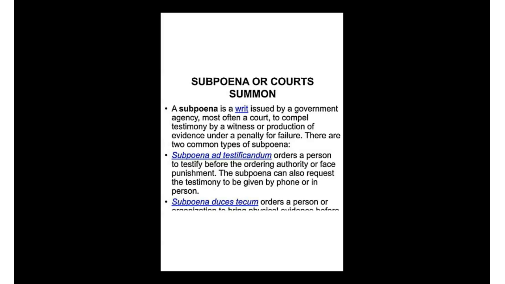So basically, the order is for a person to testify before ordering authorities or face punishment. The subpoena can also request the testimony to be produced by phone or in person. So how do you do that? You will check whatever documents we provide to the courtroom.